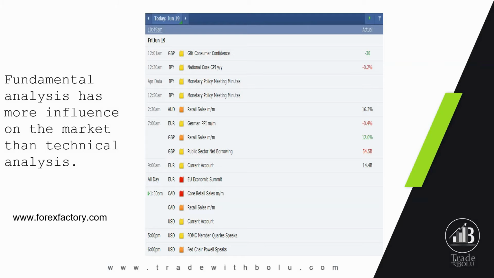It's important to note that fundamental analysis has more influence on the market than technical analysis, because with technical analysis you're basically looking at the market interface, MT4, to make a decision.